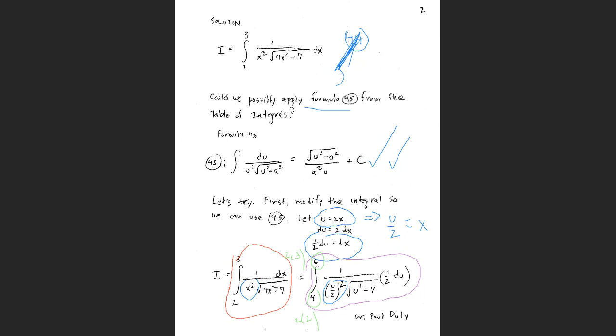We're making a substitution here, so that means our x limits have to be changed to new u limits. So 3 is going to become 6, because 2 times 3 is 6.